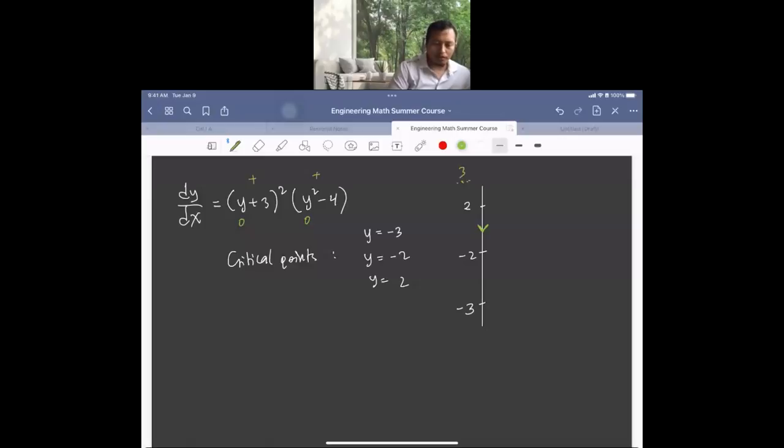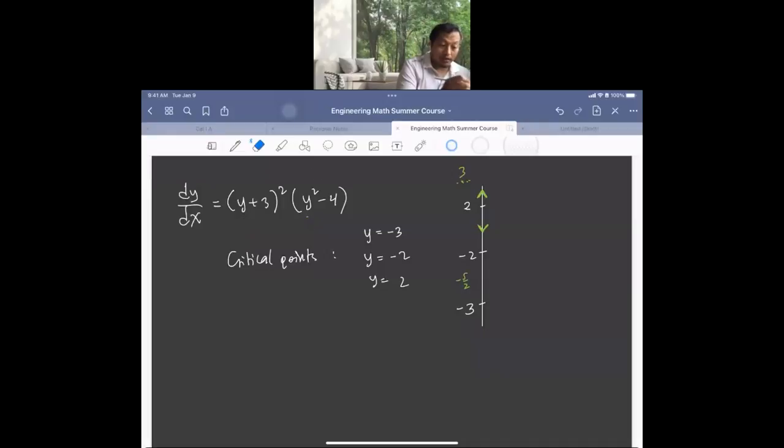We take 3, this is positive. We take 3, this is still positive. So if positive, it means going down.